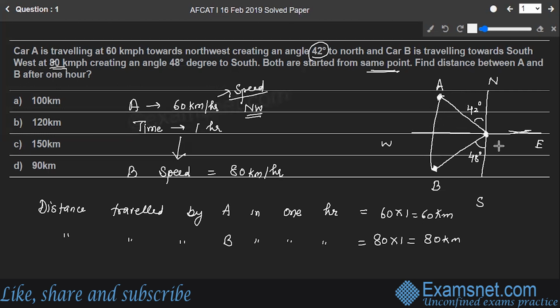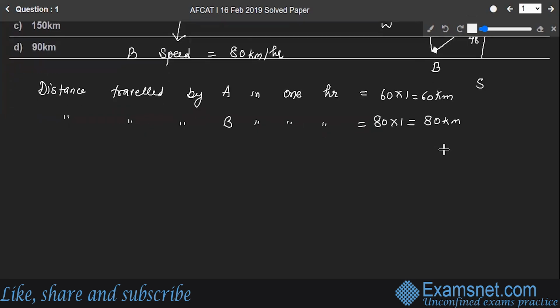Let it be O. If I'm considering the triangle AOB, this is a right angled triangle. Why? This is 42, this is 48, which sum to 90 degrees. So angle AOB is equal to 180 minus 48 minus 42, that is equal to 90 degrees.